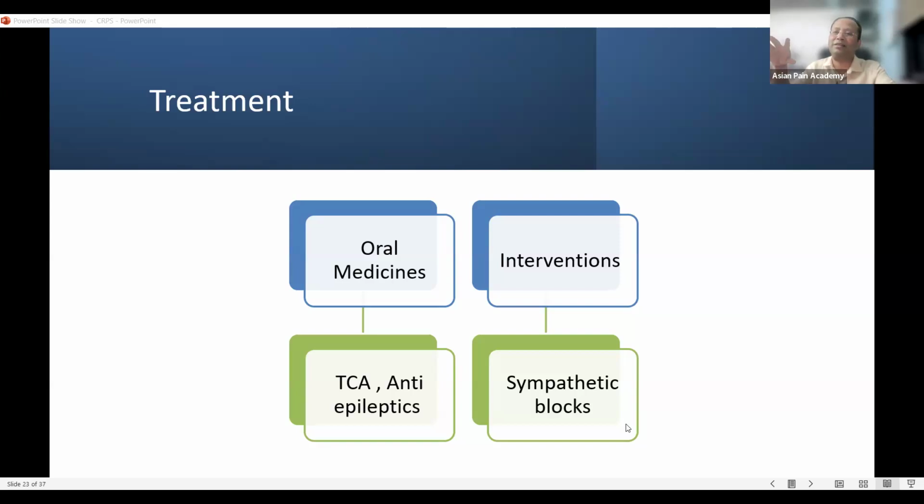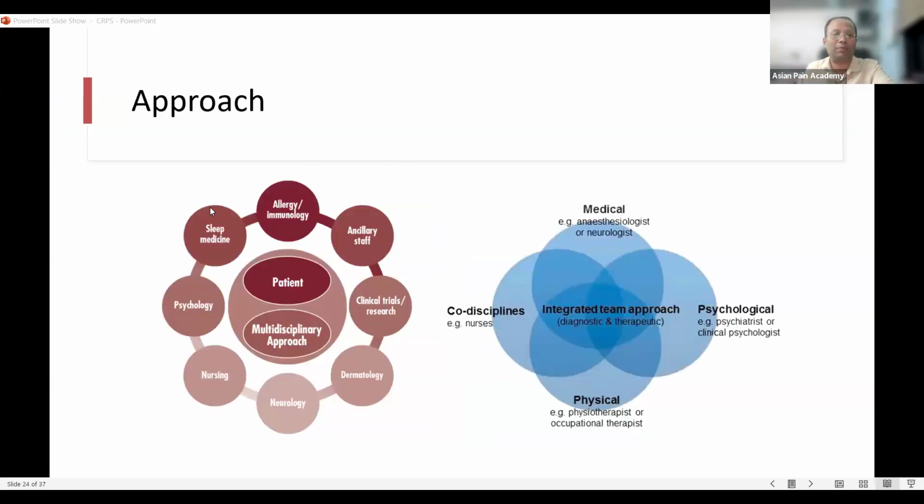If it is negative, you can see that the pulse oximeter is showing that vascularity has increased, but still the patient is saying there is no difference in pain, then you will not go for a definitive treatment. So this is a common thing in pain, multidisciplinary approach, multimodal approach.